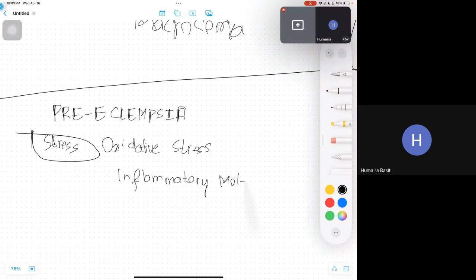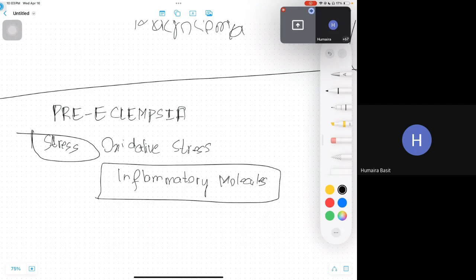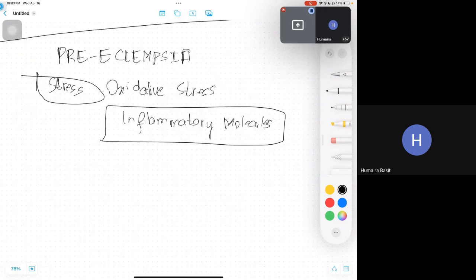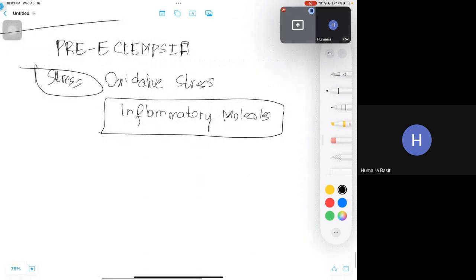Is preeclampsia caused by abnormal placental development? Yes, it's caused by abnormal placental development. I'll let you know; I'm just explaining how it can lead to the whole thing. So first of all, remember that preeclampsia is due to oxidative stress and inflammatory molecules.